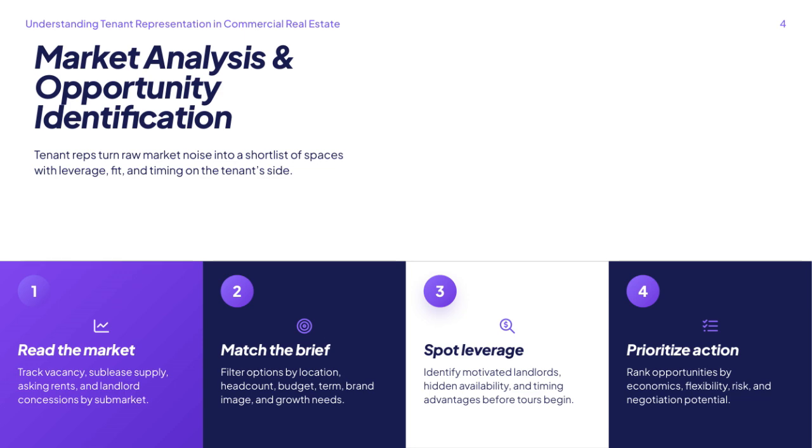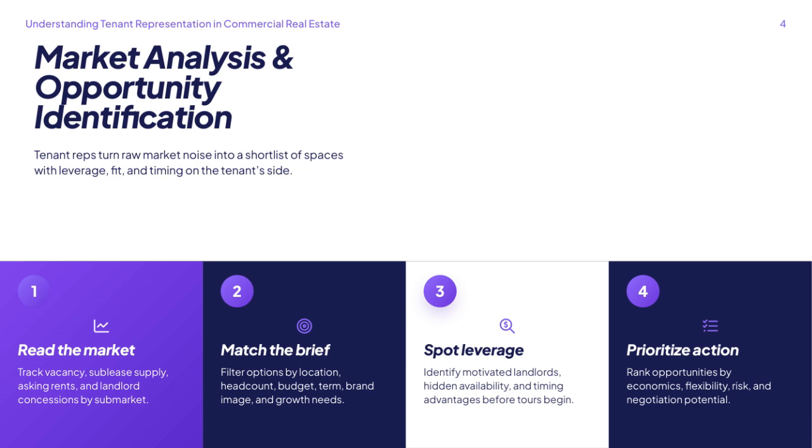With this information, we can start to build a clear picture of where the opportunities lie. Next, we match these market insights to the tenant's specific brief. This involves filtering options based on important criteria like location, workforce size, budget, lease term, brand image, and growth plans. It's about finding spaces that not only meet current needs, but also support future growth.